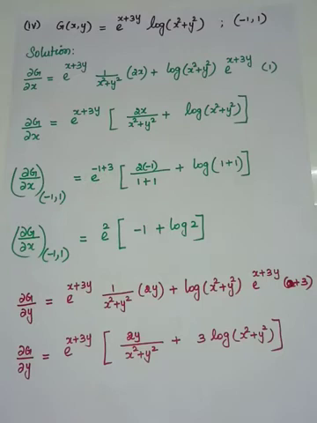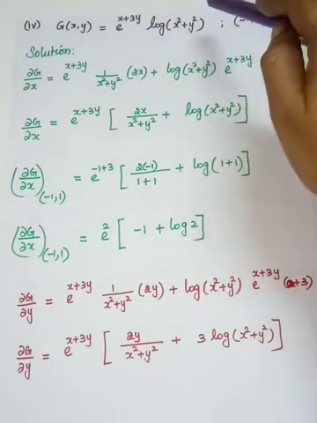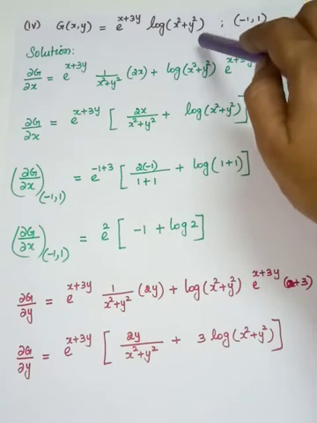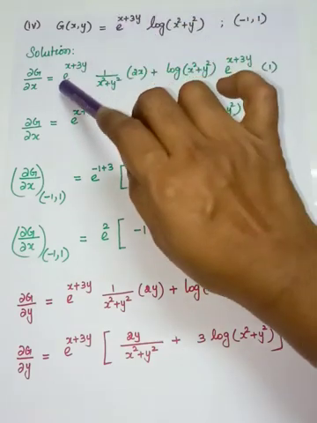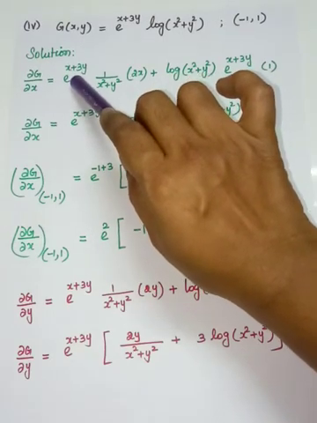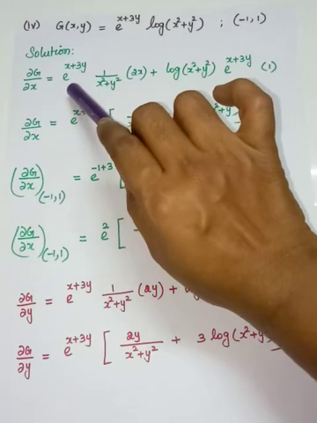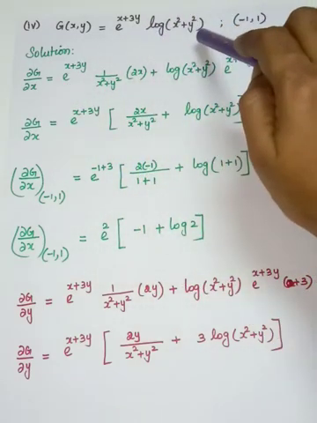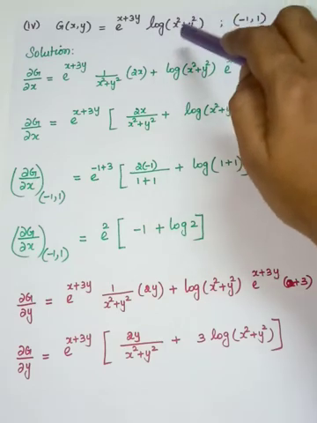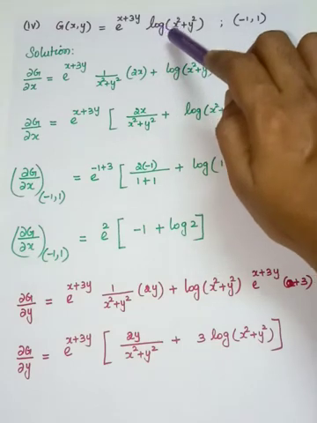How are both the functions? They are in the product. So you have to go to the product rule while differentiating. Take the first function, product rule, u has to be kept as it is. So e power x plus 3y I have written as it is. Come to here, log of x squared plus y squared. This has to be differentiated now partially with respect to x. So you have to use chain rule.